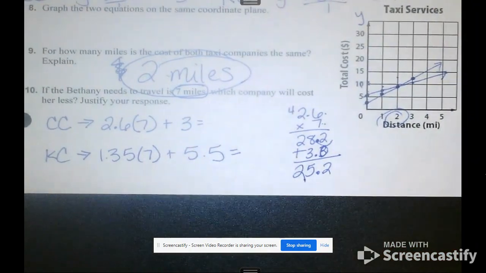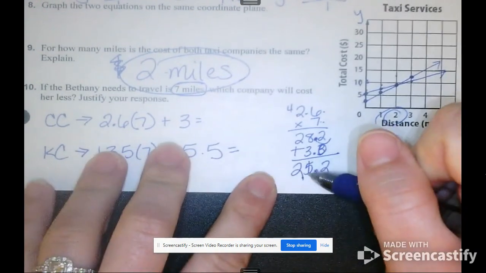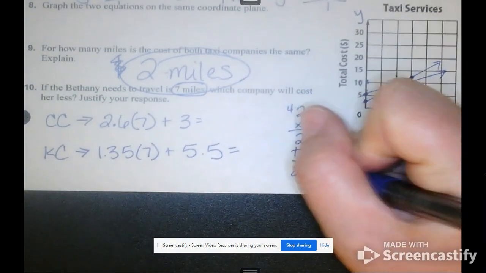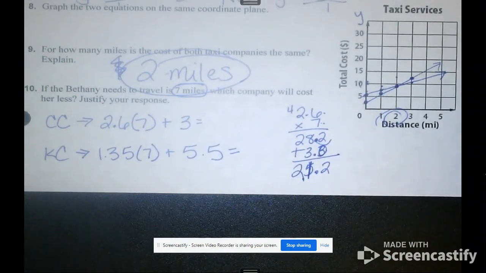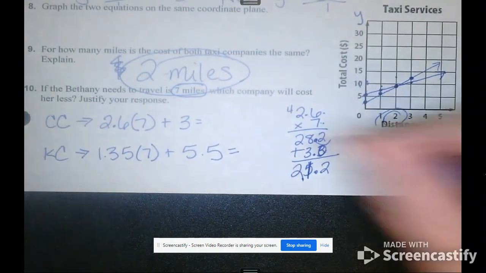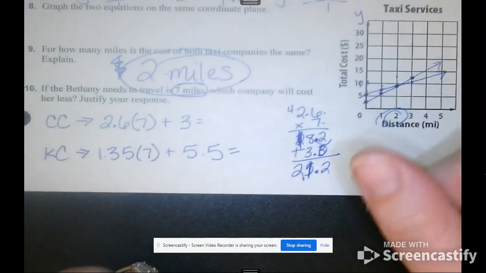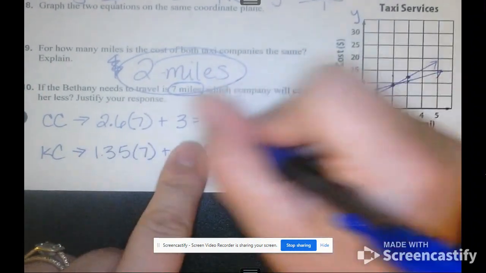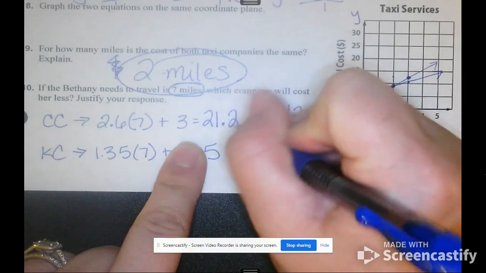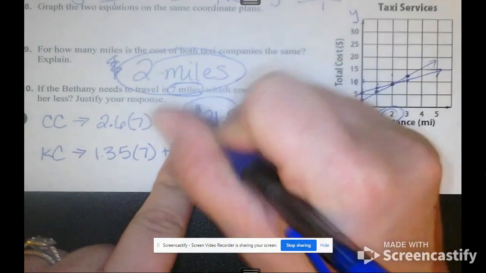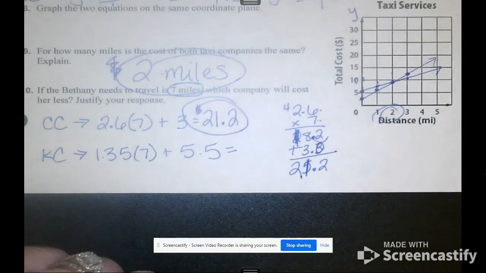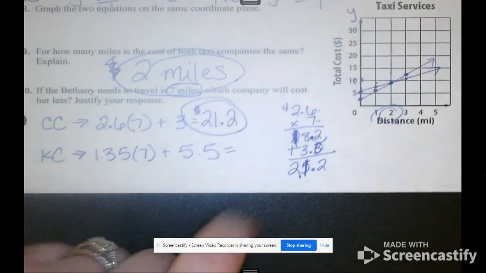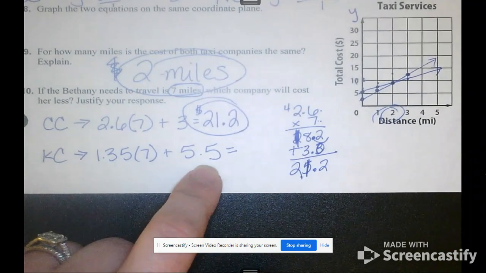Wait, why was it 18.2? Oh, that is 21.2. Gosh. I got 21. That's what I got. Good grief. Yeah, y'all were right. Sorry, guys. I'm tired. I'm sorry. Okay. We forgive you.